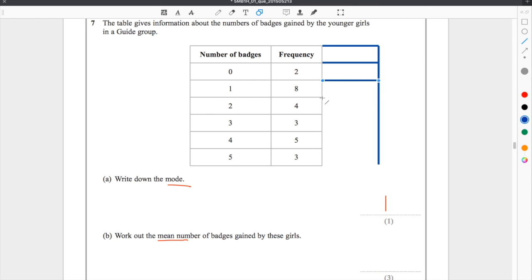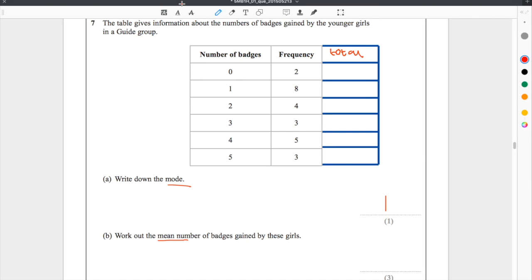And here we add in the totals. So we write total, okay? And then we simply write in all of our totals here.